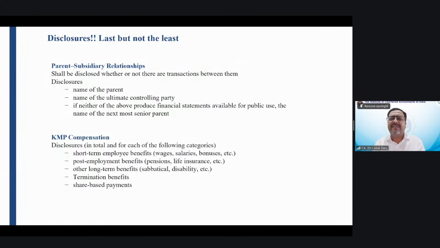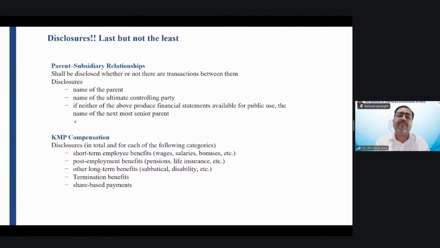All the entities' names and relationships are not required to be disclosed. For parent, subsidiary, ultimate parent, the name and the relationship have to be disclosed. But for the other entities, only if there is a transaction is it required to be disclosed, otherwise no.